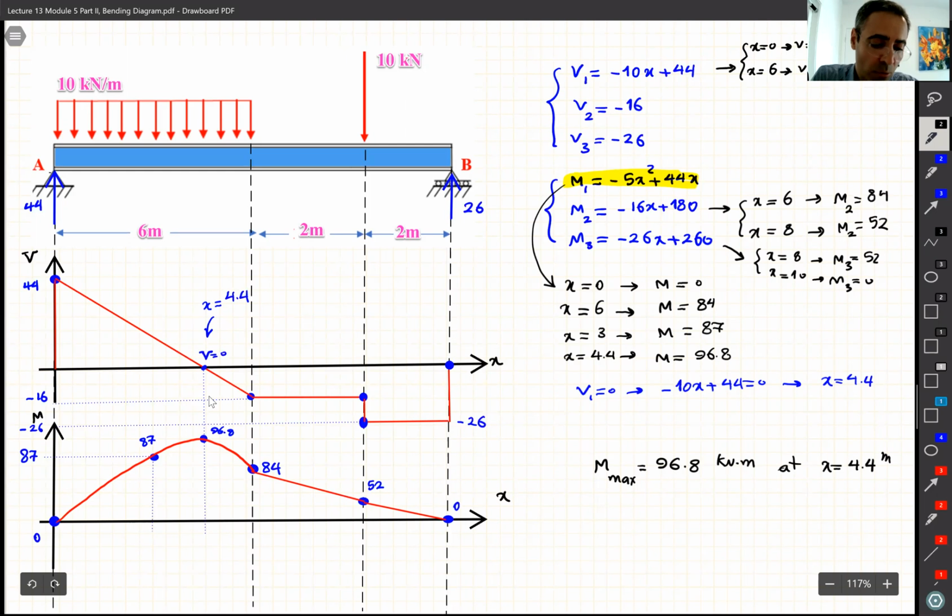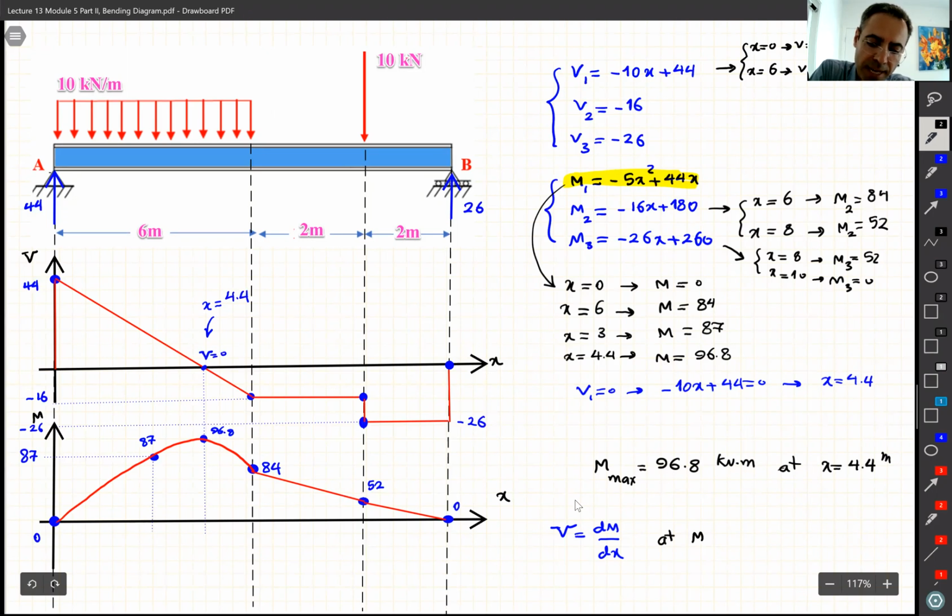Another good thing that we can double check is that we know V is the derivative of M, right? So if at a point M is maximum, it means V is 0. Because remember, how do you find the maximum of a graph? You take its derivative, right? If you take the derivative of M and set it equal to 0, it means V equal to 0.